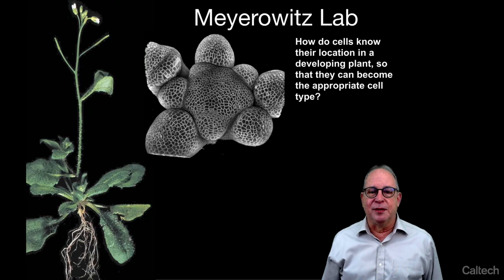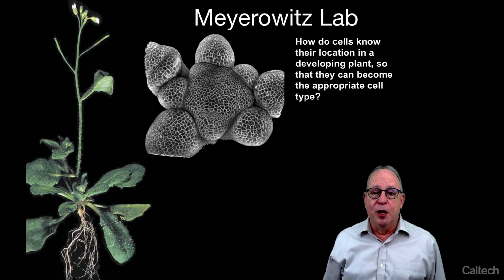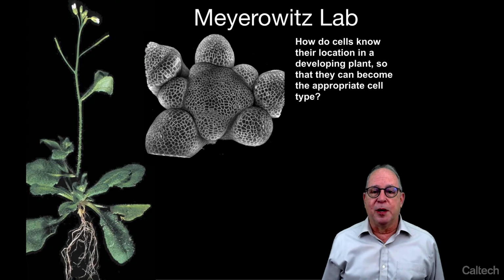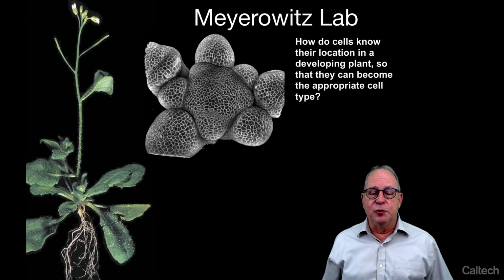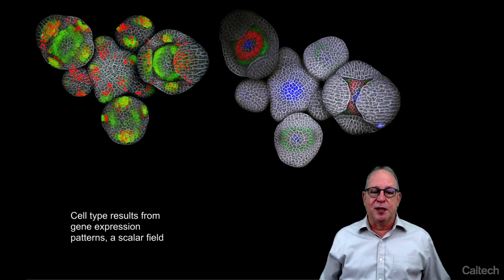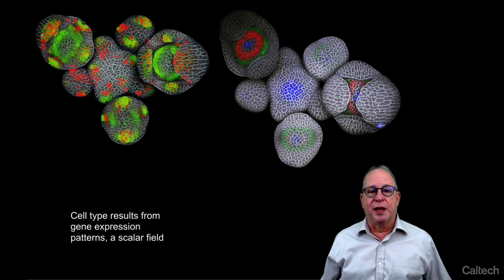Each of these cells has to assess its position and decide whether it will become part of a new flower or remain a stem cell and part of the stem cell population. Now, how do cells become new cell types? It's long been known that cell type results from gene expression patterns, as shown here with GFP reporters in living plants.